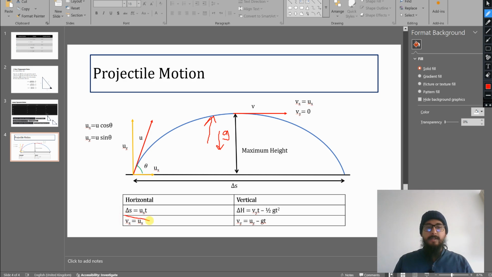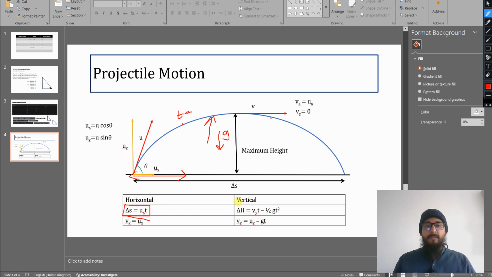And for the horizontal distance at any point, maybe at this point or at this point, any point. For example, the horizontal distance at this point, if the time for this point has been given, then the horizontal distance will be equal to this value.